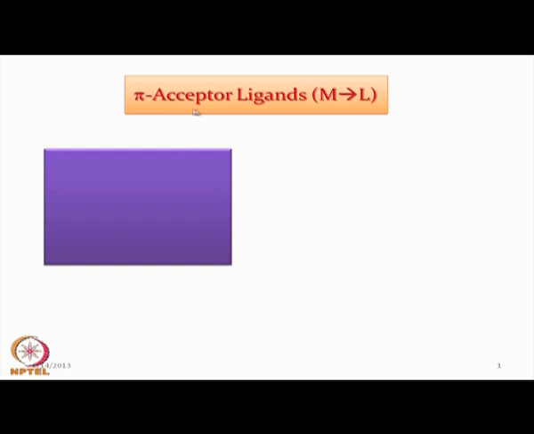What happens if we have some pi orbitals, and that orbital is the pi star, that means the antibonding orbital which is available for acceptance of electron density from the metal side? We group these ligands as good pi acceptor ligands.